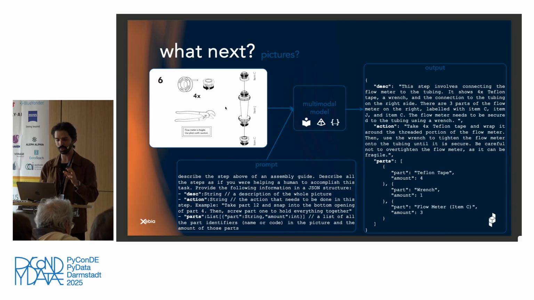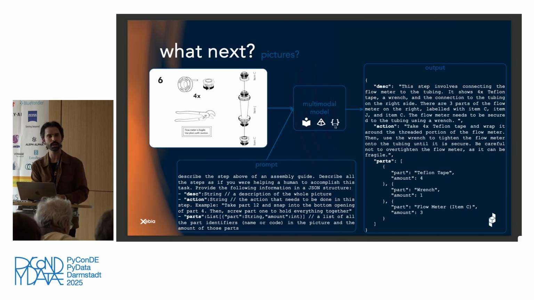We know there are going to be tasks in the image. So we want to extract steps. We want to extract parts to use in those steps, and we should expect some action. So what do I do with those parts in this step? And then we enforce some schema, and we have a structure in here.